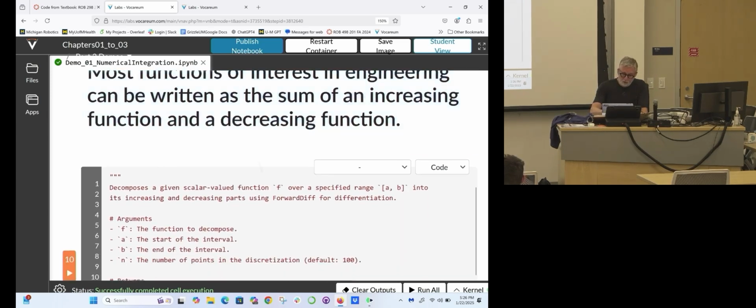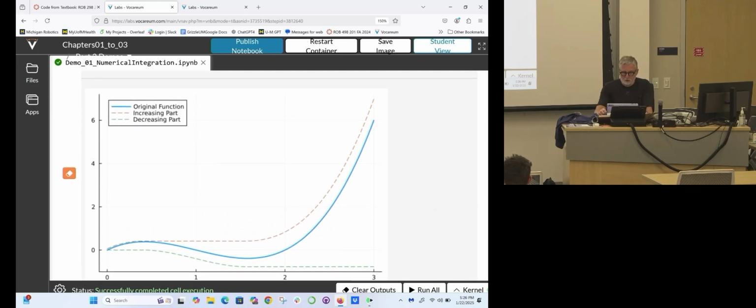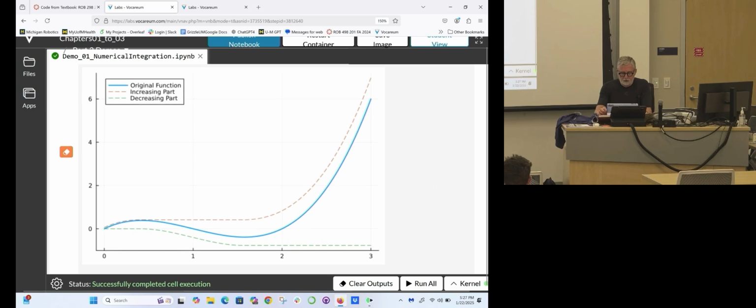Now, later in the course, we're going to have enough tools to prove that any function that is sufficiently smooth can always be broken up into a sum. So here's the original function. Here's a function that is strictly increasing, so our easy method of not having to compute maxes and mins applies.